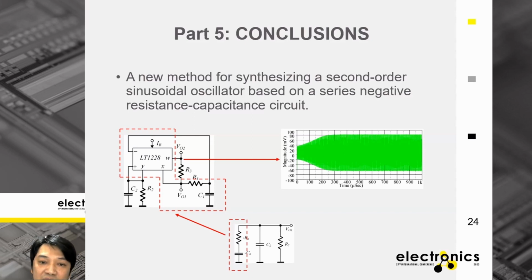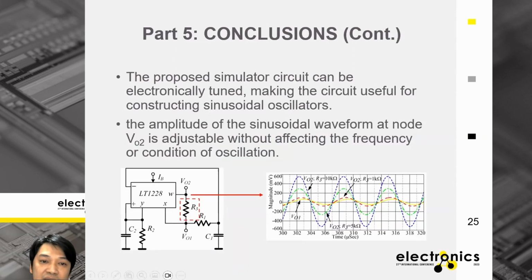Next, the frequency of oscillation can be adjusted by simultaneously changing C1 and C2 without affecting the condition of oscillation. And by connecting R3 between X and the output, we can adjust the gain as well.